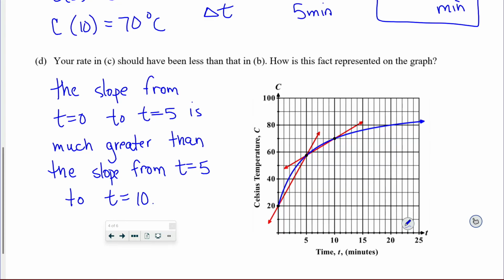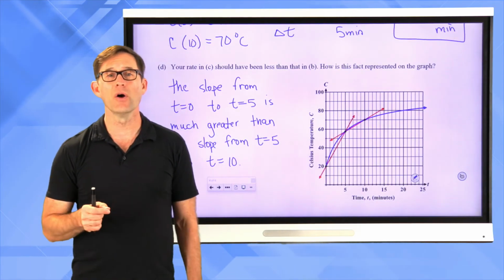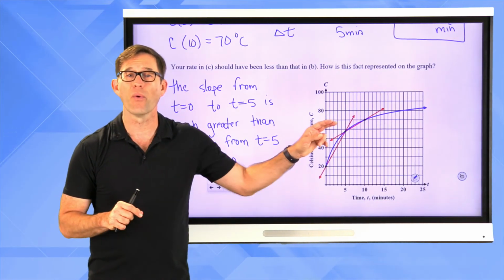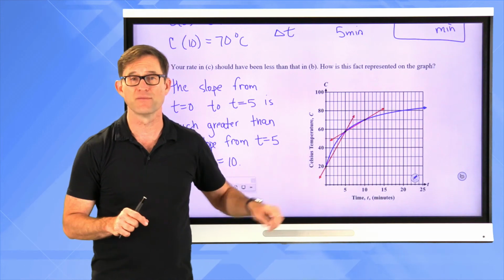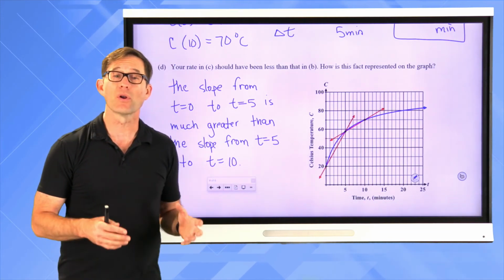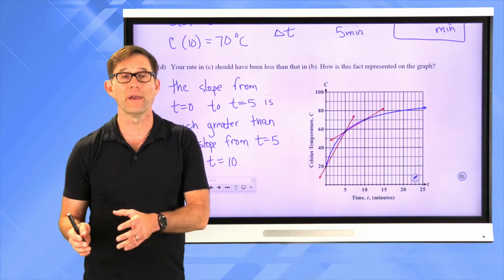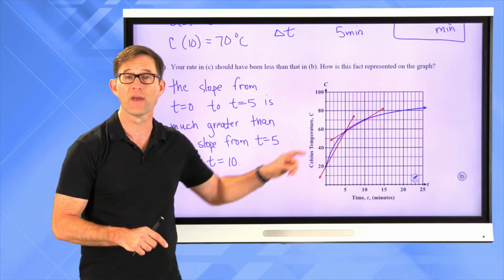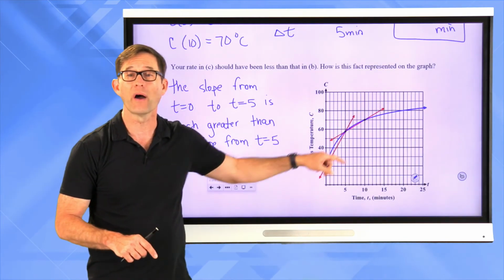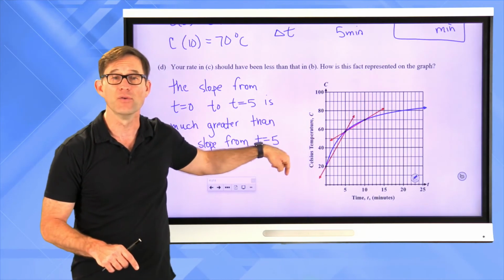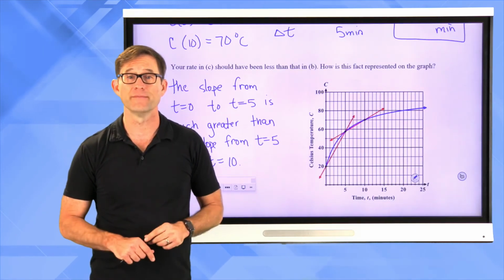The average rate of change is always giving the slope of a line that connects the points that you're trying to find the average rate of change between. So you can always get a sense for why one average rate of change is greater than the other by simply drawing in the lines whose slopes you're really calculating here.